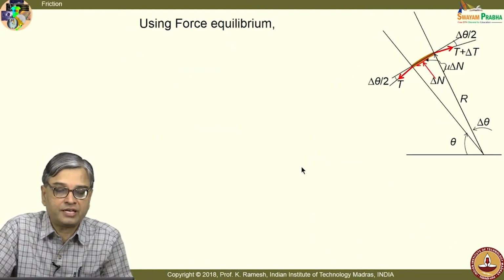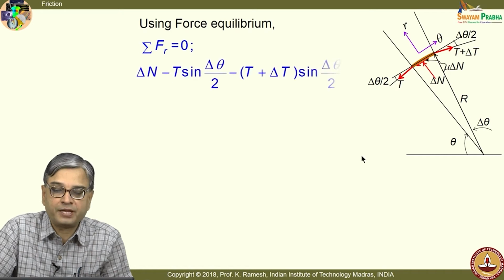So, I use the equations of equilibrium. When I say sigma Fr equal to 0, that gives me delta N minus T sin delta theta by 2 minus (T plus delta T) sin delta theta by 2 equal to 0.